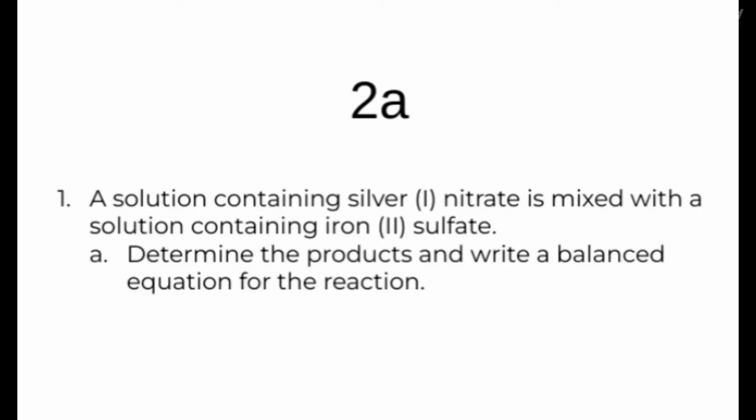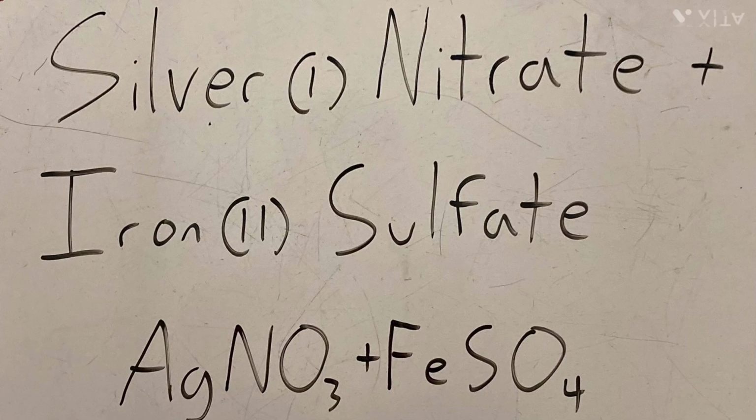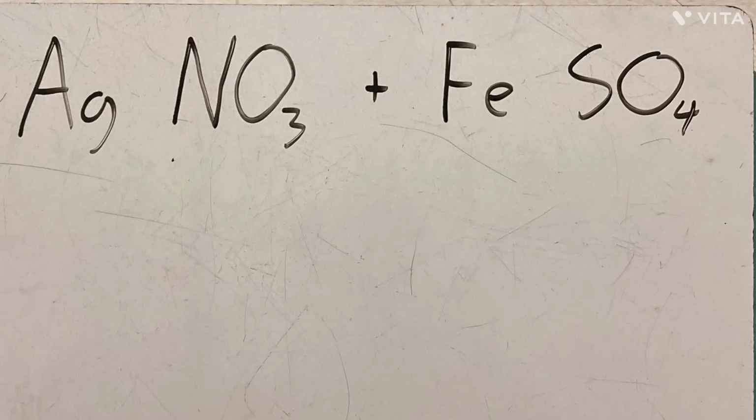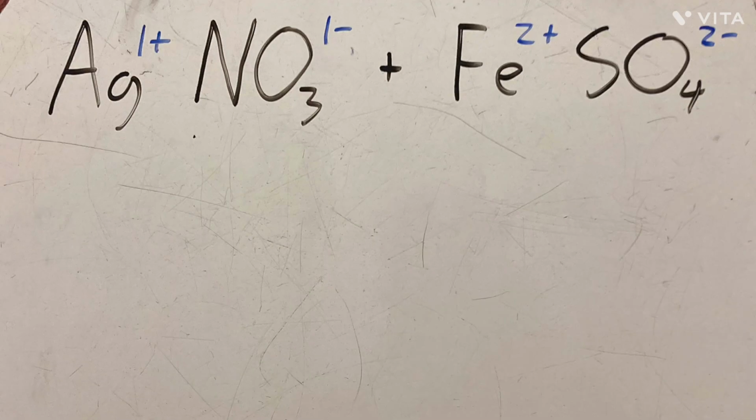This problem said, a solution containing silver 1 nitrate is mixed with a solution containing iron 2 sulfate. Determine the products and write a balanced reaction. The first step is to write out the reactants of the reaction, in this case AgNO3 and FeSO4.